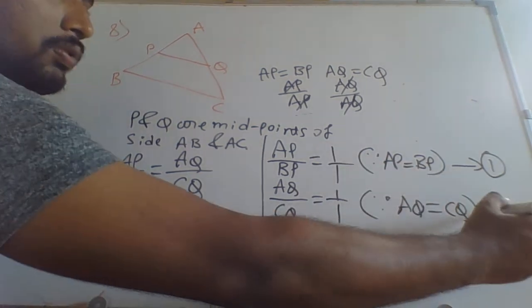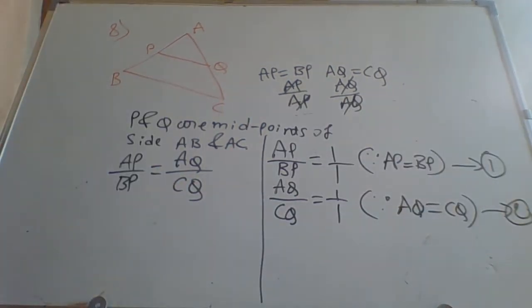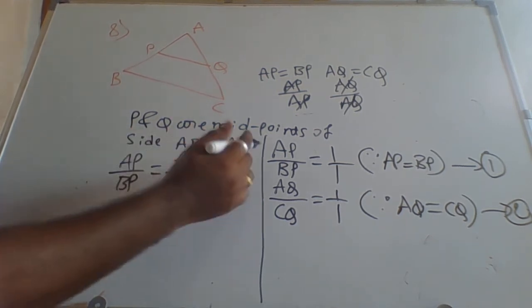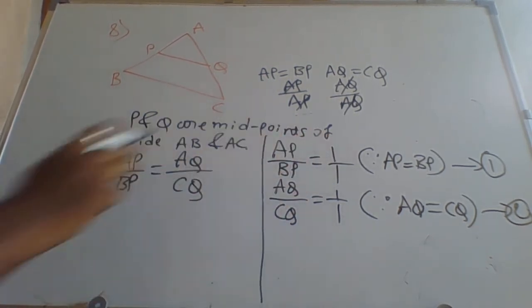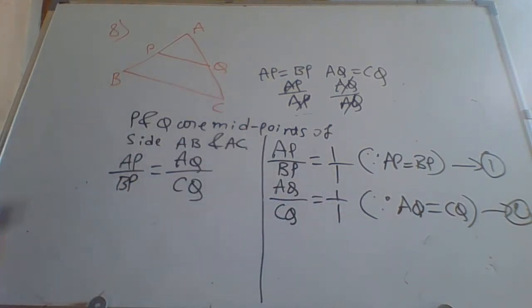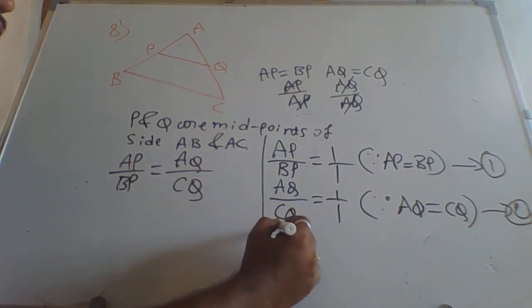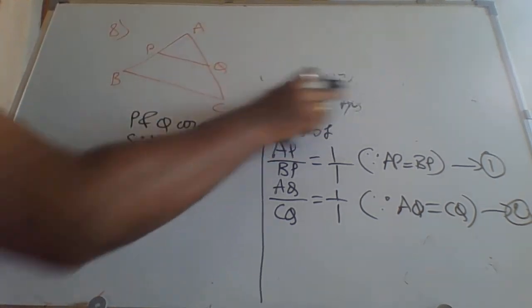So now we can write here 2. So here also AP by BP is equal to 1 by 1 only, and AQ by CQ is also equal to 1 by 1 only. Therefore, from 1 and 2, what we can write here?